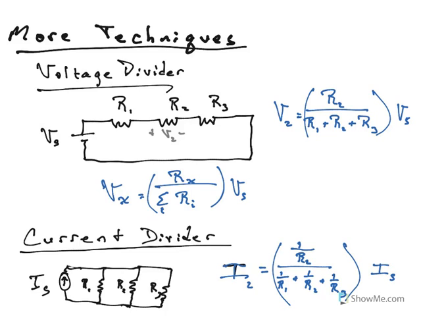Okay, very similar to the voltage divider, but of course, this only works for parallel resistors, and thus you could see this kind of total parallel resistance formula being used with the whole 1 over stuff. And of course, the same goes for if I want the current on the first branch, it would be 1 over R1 divided by 1 over R1 plus 1 over R2 plus 1 over R3, all multiplied by the current.